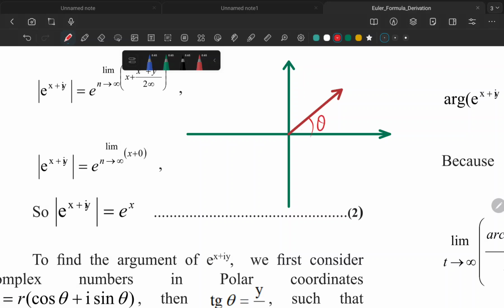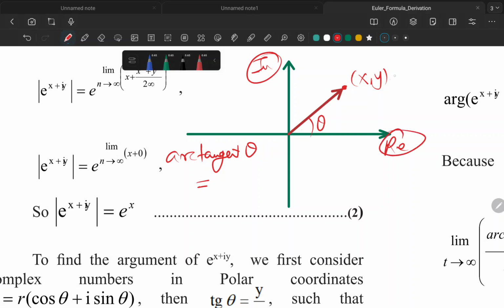Argument means the theta, the angle between this line and the x-axis, that is the real axis. Keep in mind, this is the real axis and this is the imaginary axis. I hope you have studied what the argument, or angle of a line segment, is. Let's say it's x comma y, where x is the point on the real axis and y is the point on the imaginary axis.